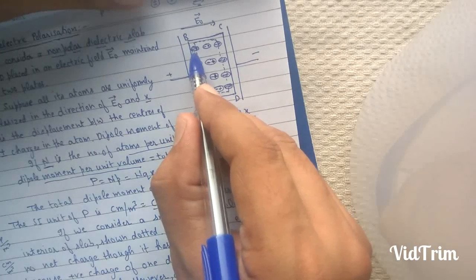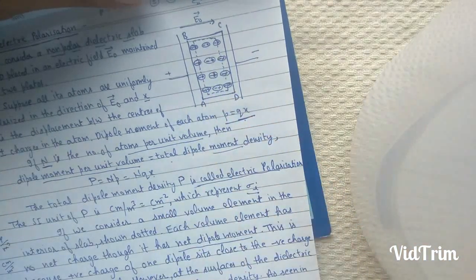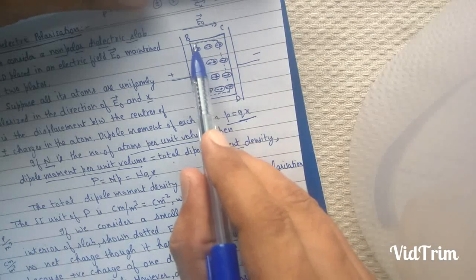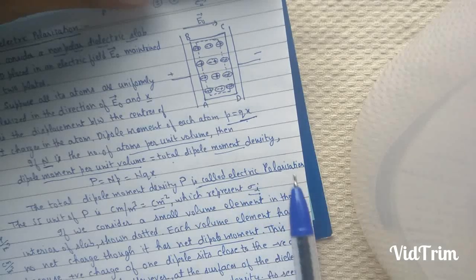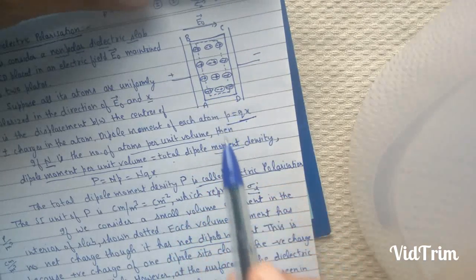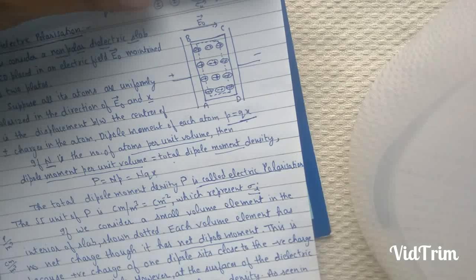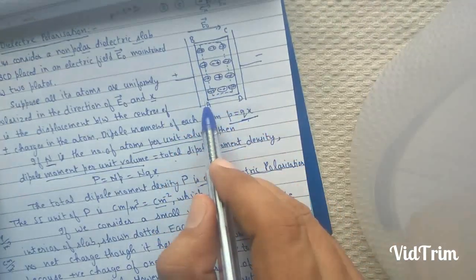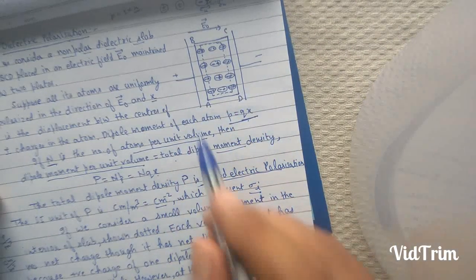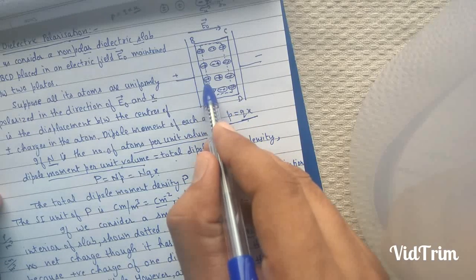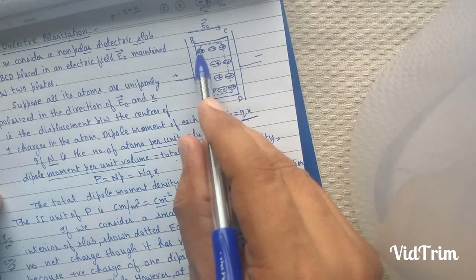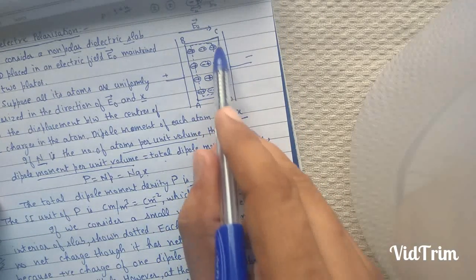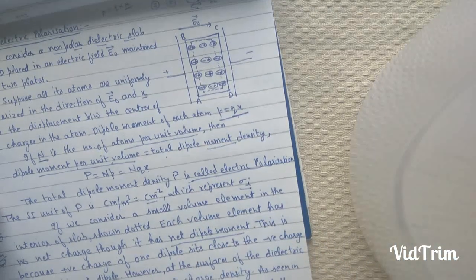However, at the surfaces of the dielectric, there is some net charge density. As is seen in this figure, the negative charge on the surface normal to the electric field remains unneutralized on the surface AB, and the positive charge on the surface CD remains unneutralized.